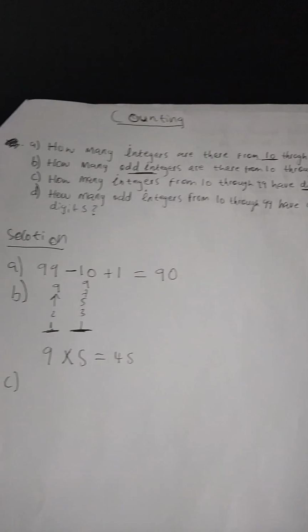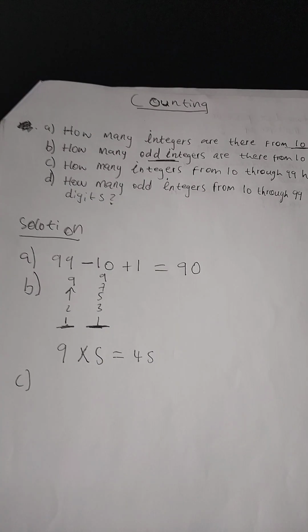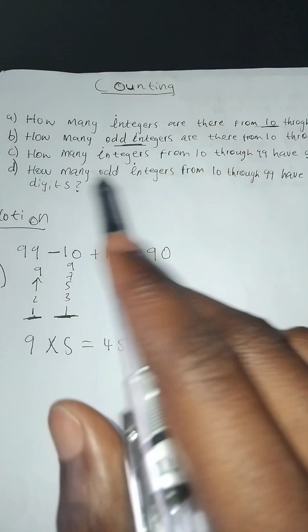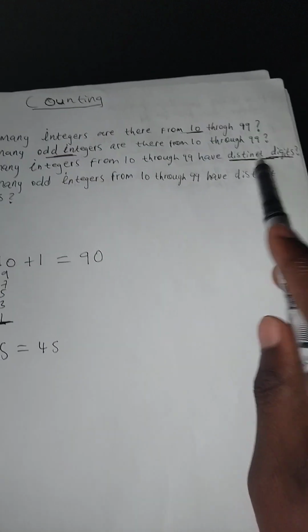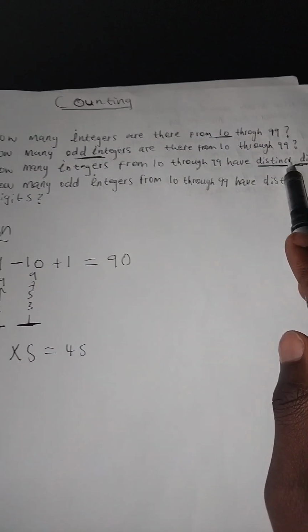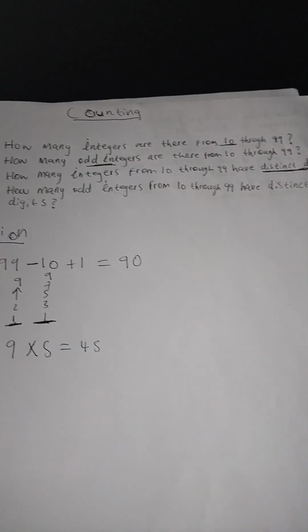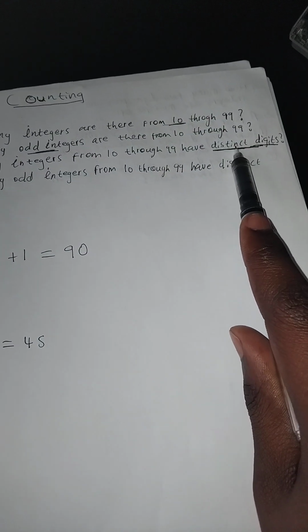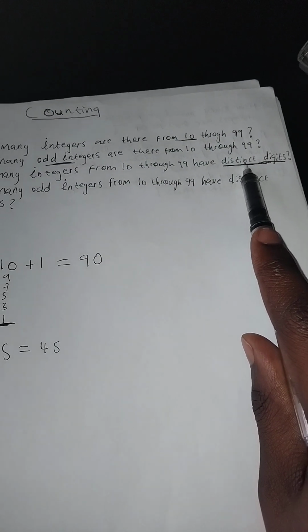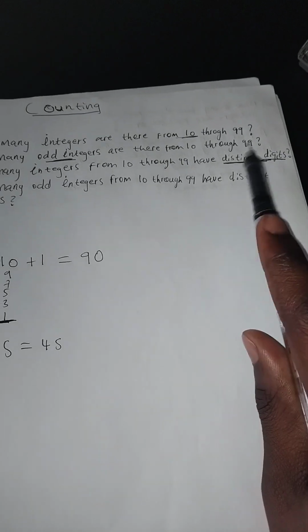Basically what they are asking is that the digits have to be different. The first thing you have to ask yourself once you see they're asking for different is which ones are the same, which ones are not different.